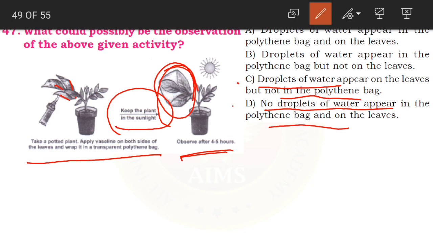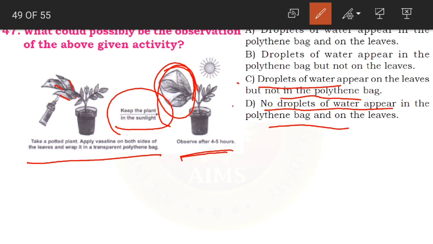So, children, here you have to remember the transpiration process. Because the leaves are covered with this gel, Vaseline, and also covered with the polythene bag, there is no possibility of exchange of gas and water, that is transpiration.